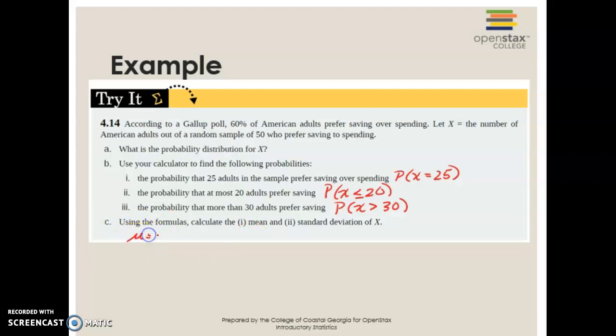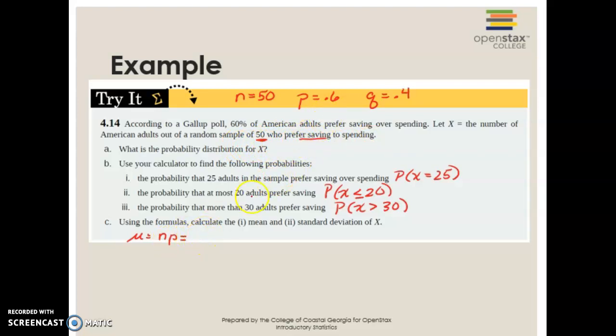Your mean is N times P. So we've got a random sample of 50. N is 50. Probability of saving is 0.6. Probability of spending is 0.4. So, let X equal the number who prefer saving to spending.